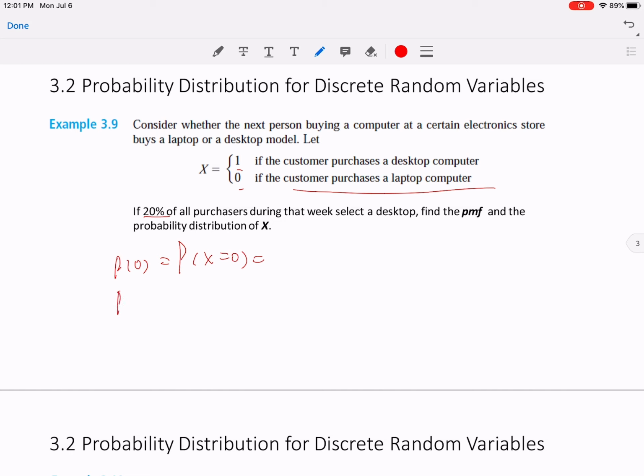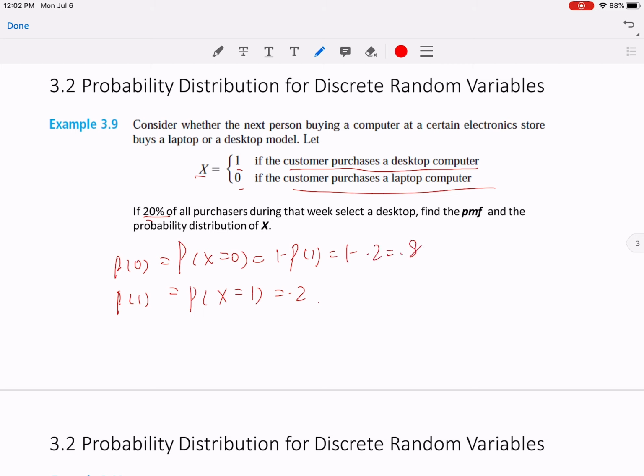The problem says that 20% of all purchasers during the week select a desktop. Then that means the P of 1, the probability of x is equal to 1, is equal to 0.2, because x equals 1 represents the customer purchased a desktop computer. And we know there are only two possible outcomes, 0 and 1, so the probability of x is equal to 0 would be 1 minus P of 1, which is 1 minus 0.2, which is 0.8.